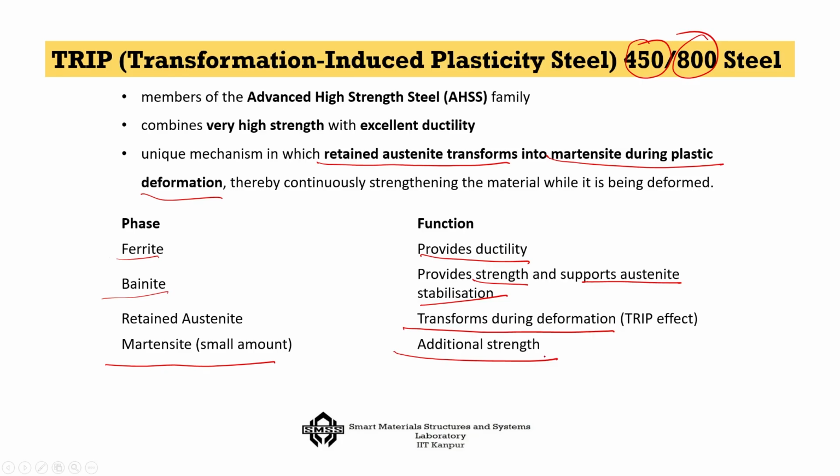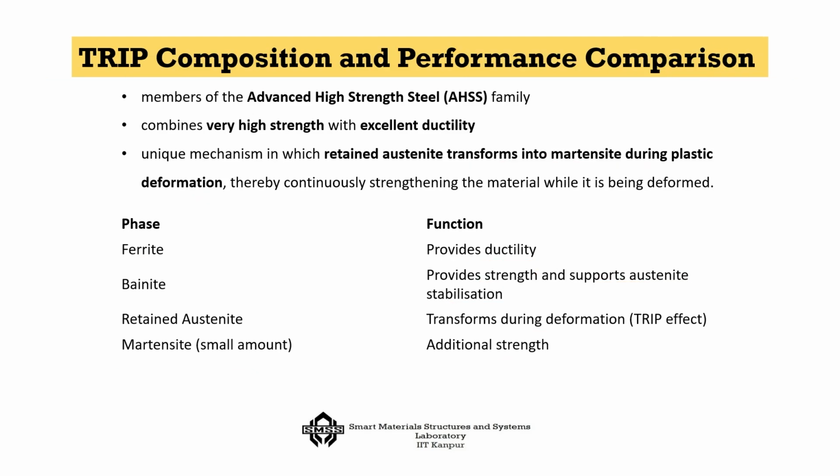So, that is the TRIP type of steel. In the AHSS class, it gives a very high strength with excellent ductility. And the rest of the features I have already talked about for the TRIP.